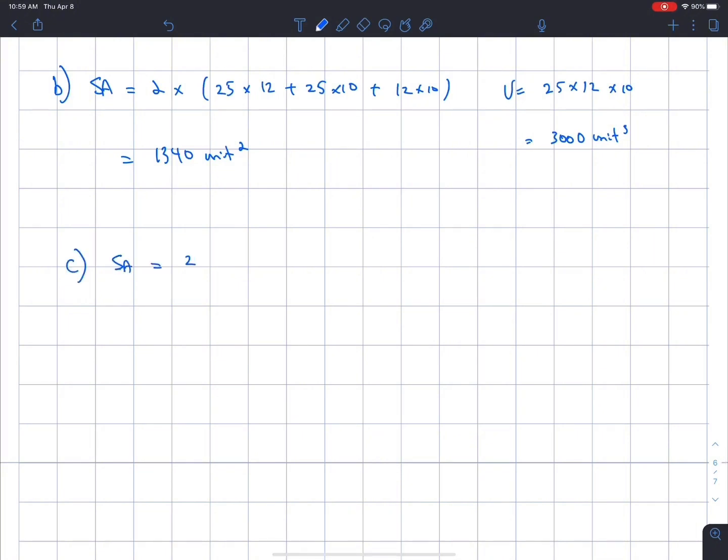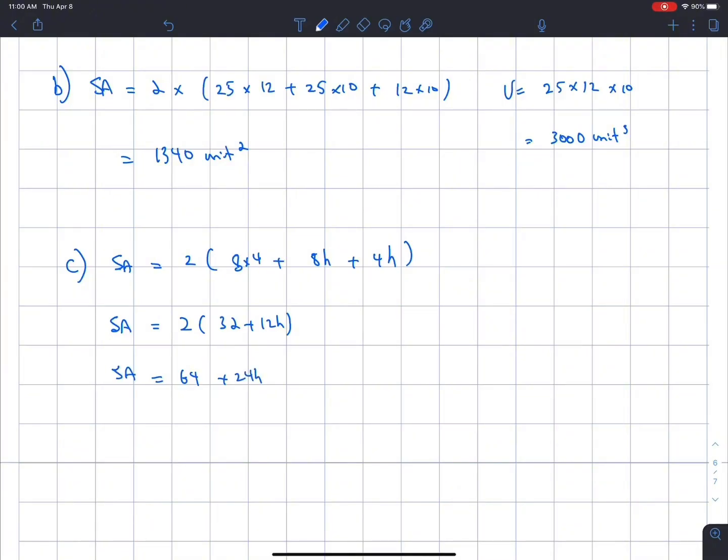Surface area is 2 times length times width, so 8 times 4, plus length times height. So this will be just 8 times h, plus width times height, so 4 times h. We don't know what h is, and we don't know what the surface area is. So maybe I'll just simplify this a little bit. I get 32 plus 12h. We can multiply in, I get 64 plus 24h equals the surface area.